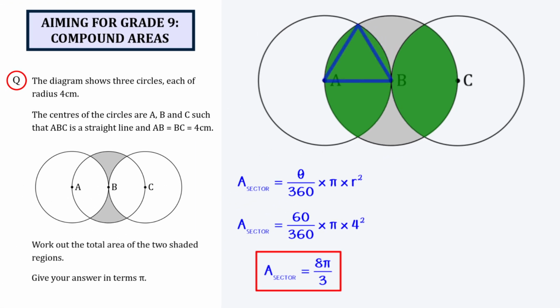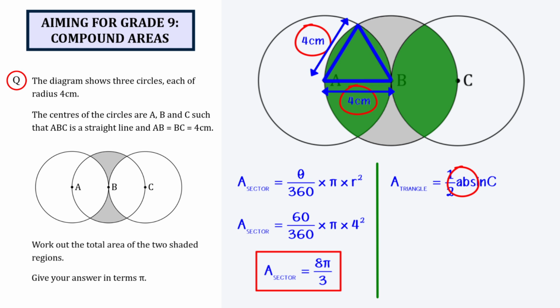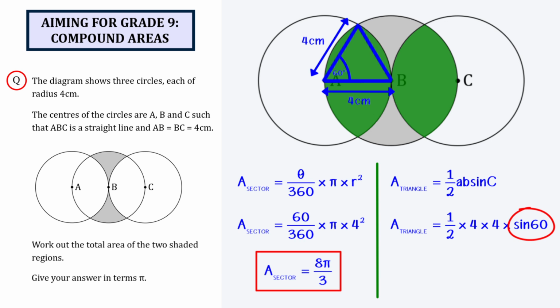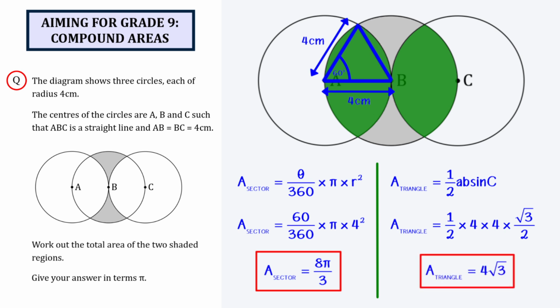And the area of a triangle can be found by using the formula: area is equal to a half multiplied by a multiplied by b multiplied by sine C, where a and b are the radiuses of the circle with centre A, and C is the angle in between, which is 60 degrees. And so we have area is equal to a half multiplied by 4 multiplied by 4 multiplied by sine 60. And sine 60 in exact trigonometric form is equal to root 3 over 2. And so the area is equal to 4 root 3.